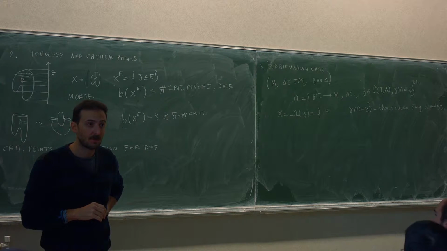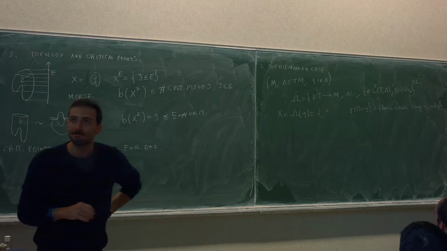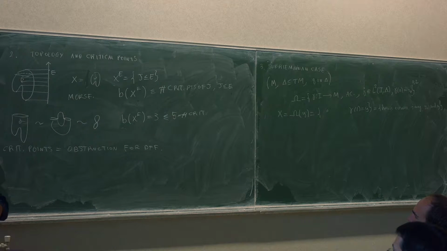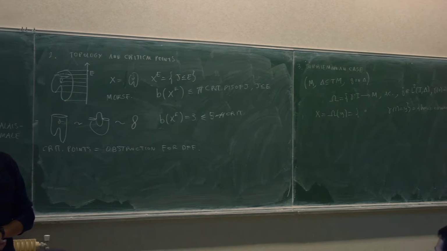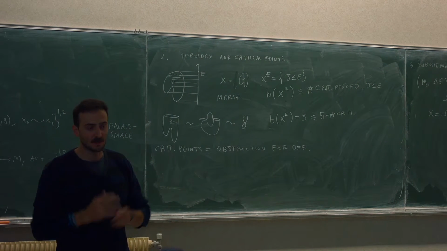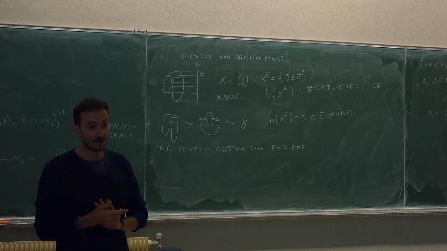But you need to assume that delta is of constant dimension, that it's a subbundle. For what I say right now, yes, delta is a subbundle, but you can work in a slightly more general framework. For now, it's going to be a subbundle of the tangent bundle.